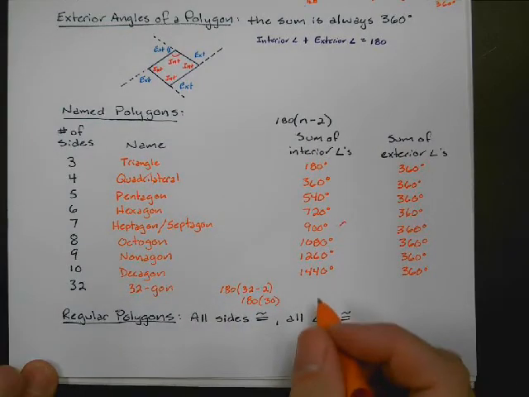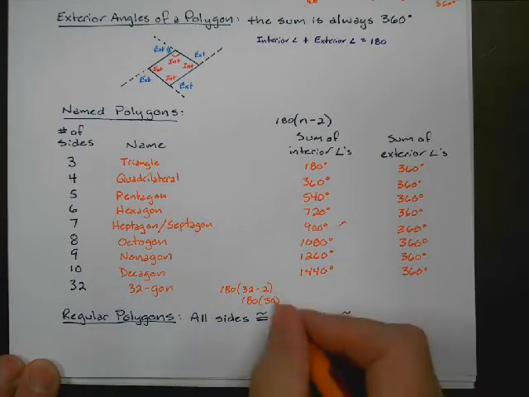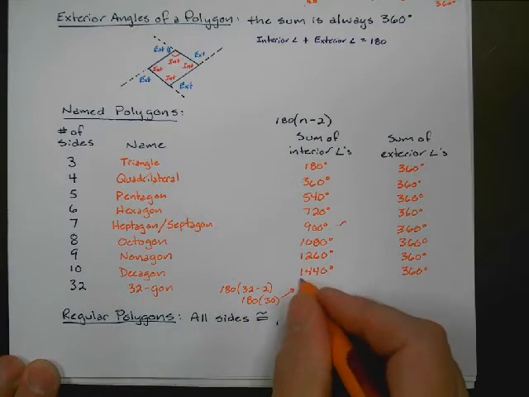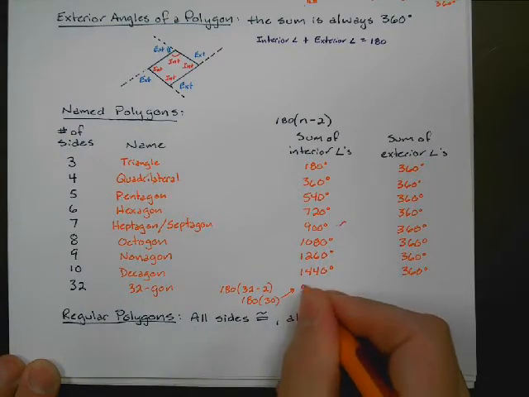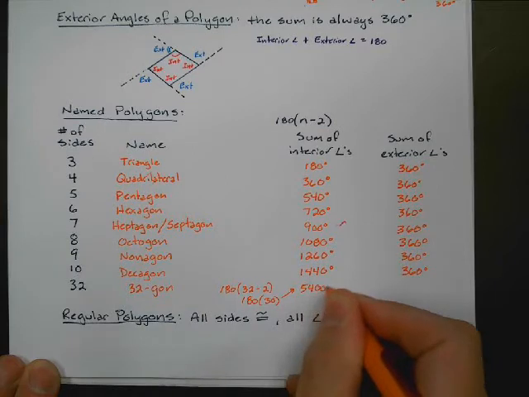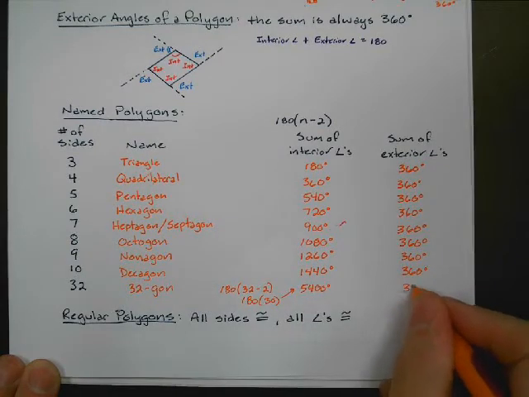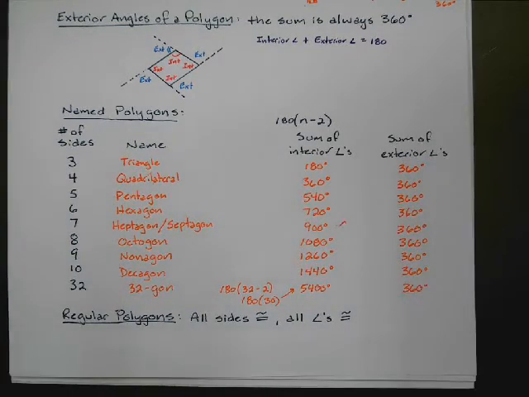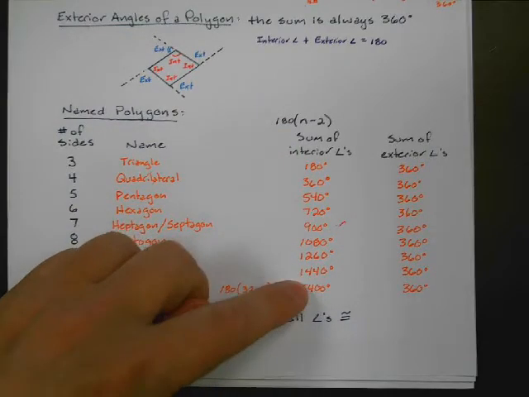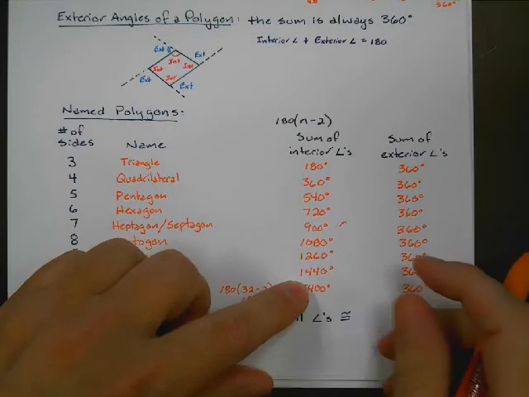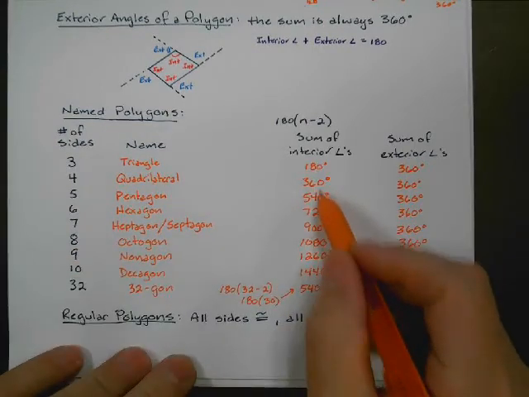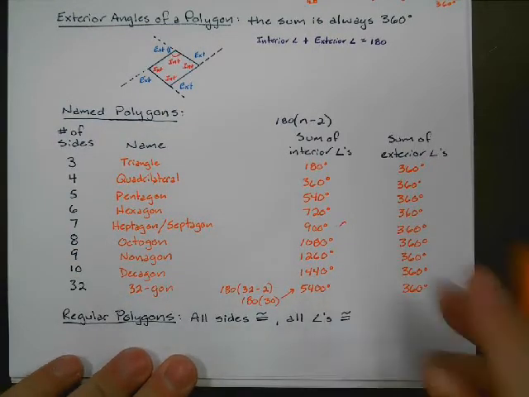And if you break out your calculator, it ends up being 5,400. And then still, we get 360 degrees. Now remember, this is the sum of the interior angles. This isn't each interior angle. That would be ridiculous. So this would just be what all the interior angles add up to.